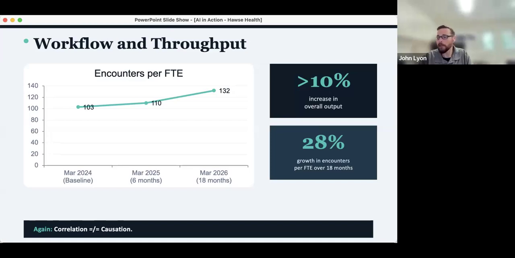Every system has actual clinicians who have actual lives, and actual things come up in their lives. So we didn't have the same number of clinicians throughout the implementation. This is based on the average number of encounters per full-time employee.